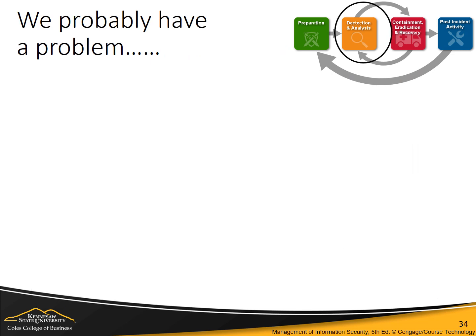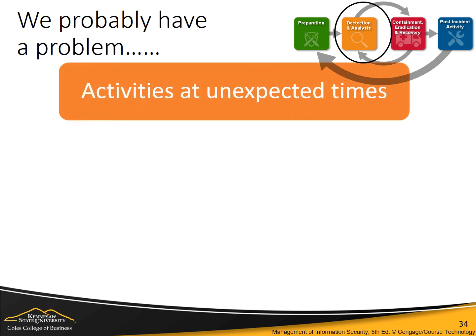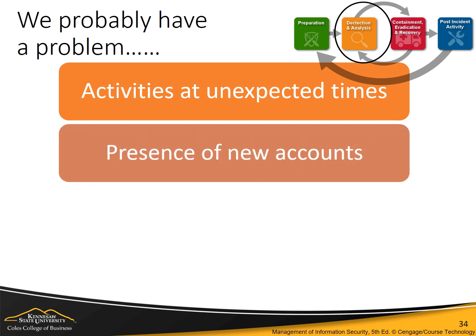While the previous indicators indicated we might have an incident, these activities indicate that we probably have an incident. Activities at unexpected times. While accounting may typically enter accounts payable during normal working hours, all of a sudden they are adding foreign accounts payable at odd hours. Presence of new accounts.